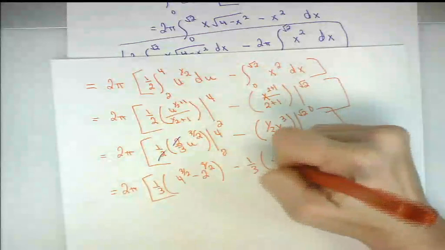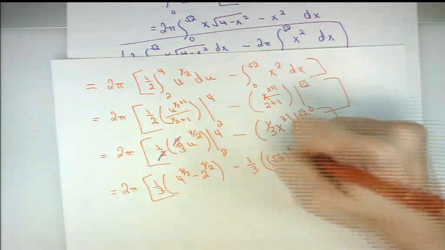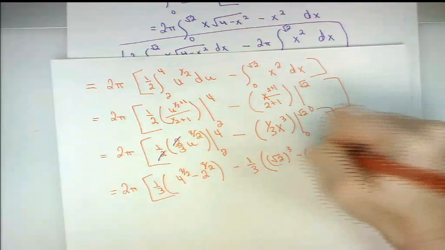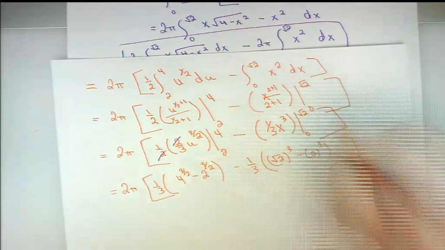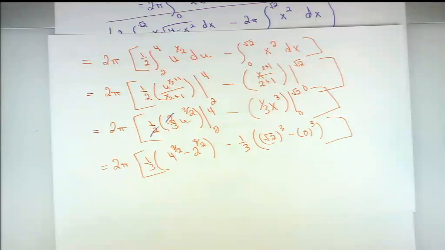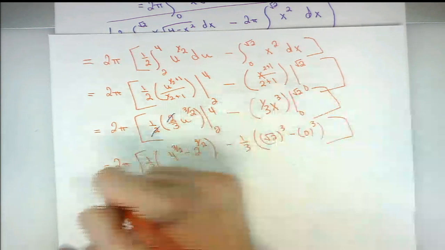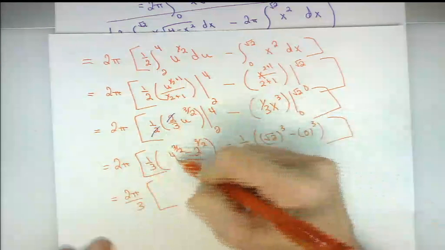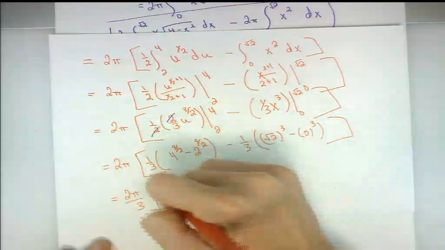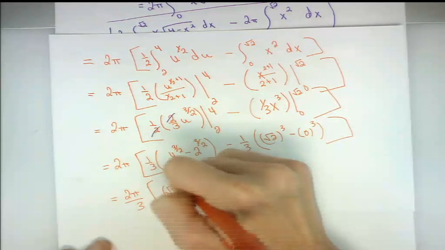Theorem of calculus, 32 quantity q minus q. Okay. And then you just have to continue to simplify. Out of the way. 4 to the 3/2 power is like taking the square root of 4 and then cubing it.